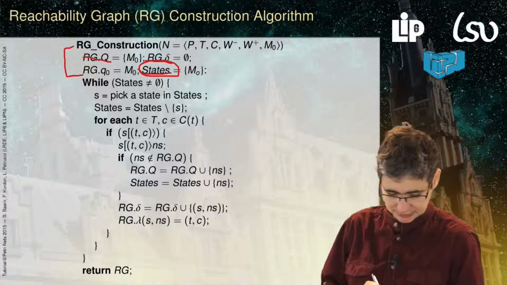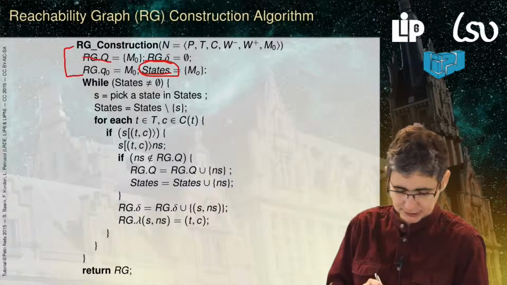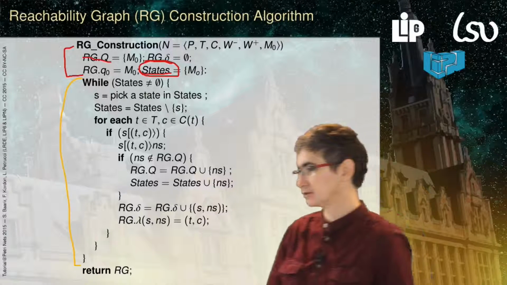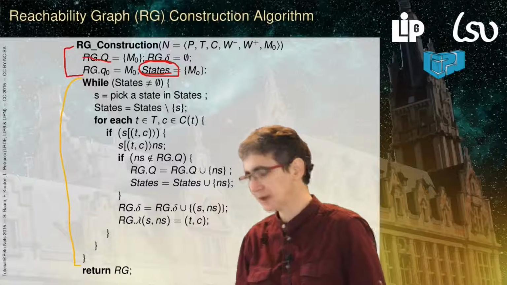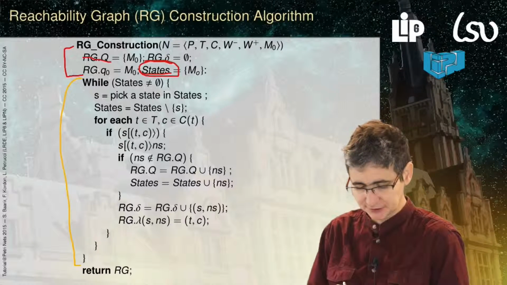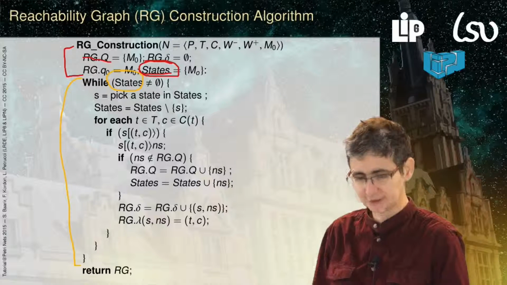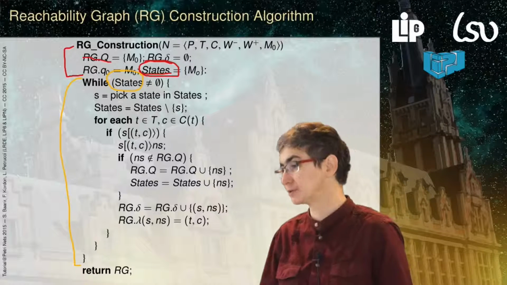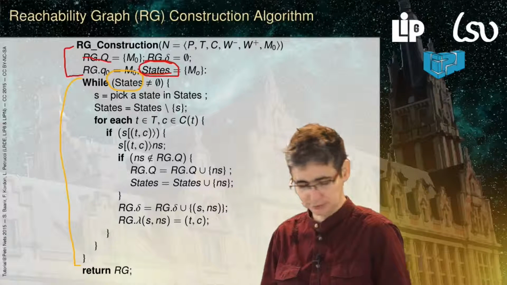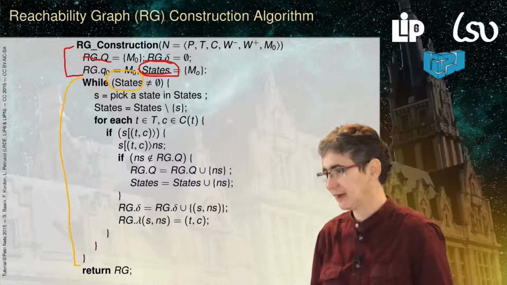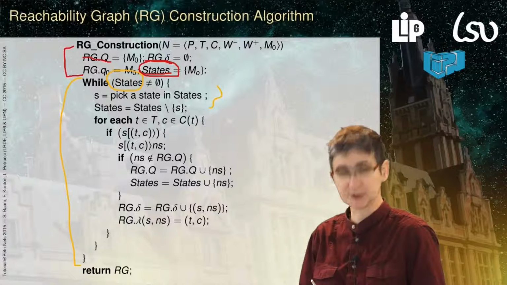Then, as you can see, there is a loop here, this while loop, that will construct the reachability graph. We'll construct the reachability graph by exploring the states in this set of states, one by one, and while we still have states to explore, we'll repeat this loop. So we'll pick a state S in this set, and then remove it, because we'll handle it.